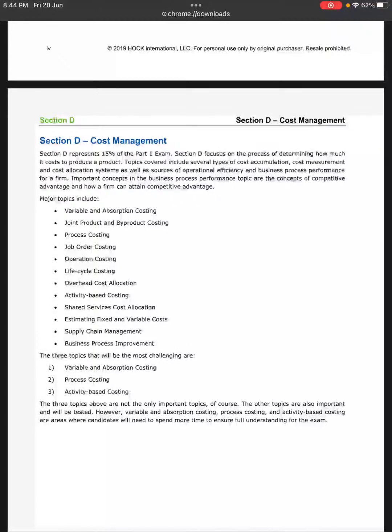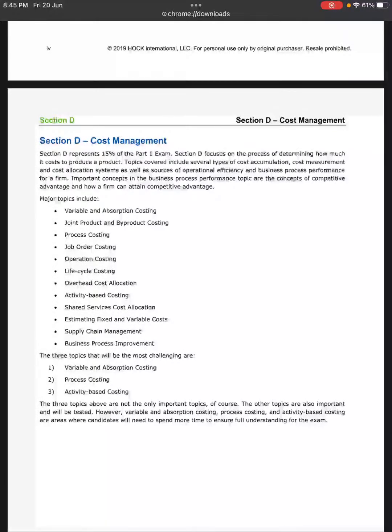Overall, this covers the final product we produce from manufacturing, then measuring units, allocation of cost, and after that the performance, the efficiency of the whole manufacturing process, which we will study in this chapter, right?